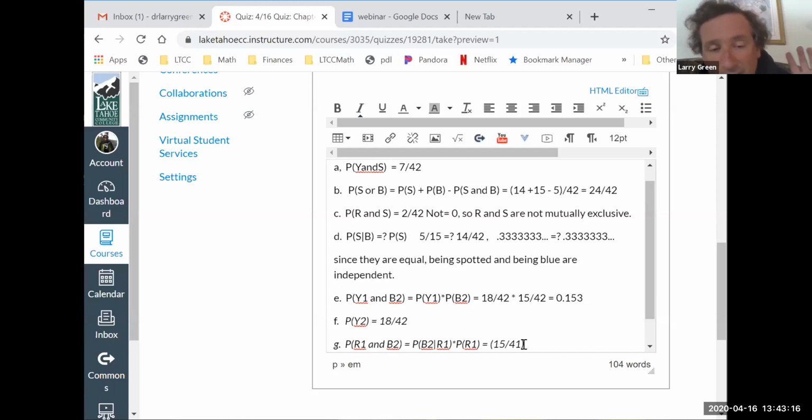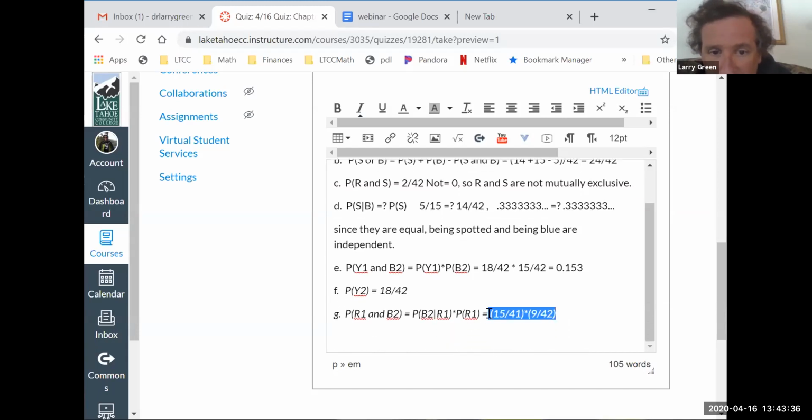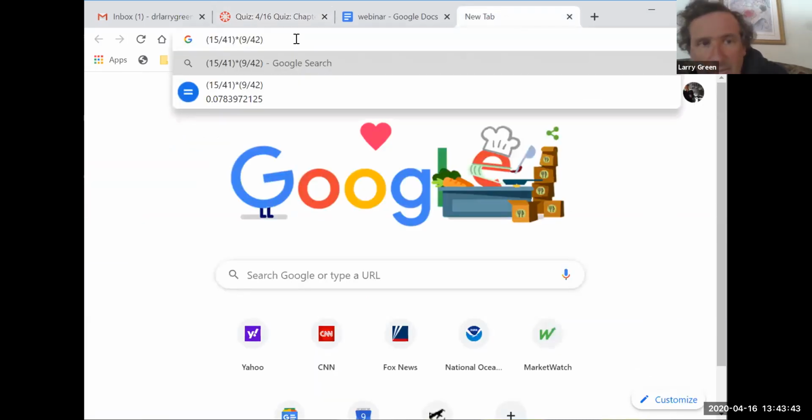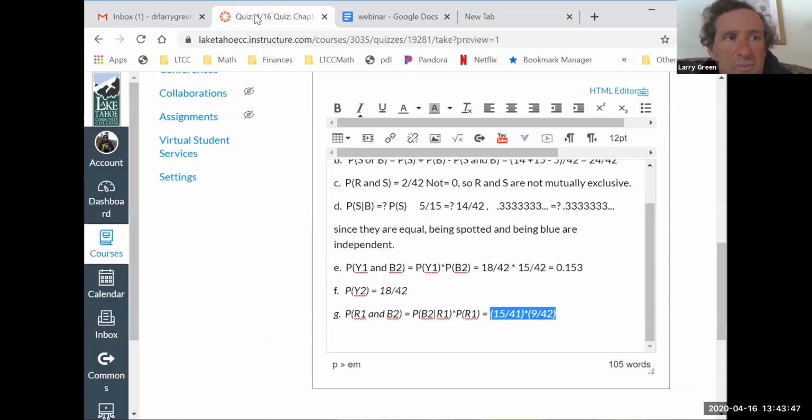If there's no given, the denominator never changes. But if there's a given, we got to change that denominator. Okay, then we got to multiply by the probability the first is red. There are 9 reds out of 42. And again, you can just pop that into the calculator. And we get 0.078 about.